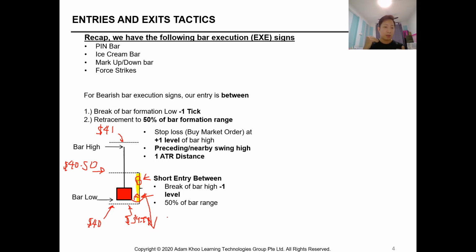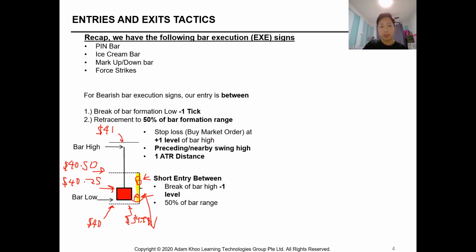Again, we do not know how much the market will retrace. If you want to put a rigid entry, let's say in the middle, you can also do that. So in the middle here will be $40.25, for example. If it fills you, you take the trade. If not, you take it as you missed the setup and then you move on to another setup.